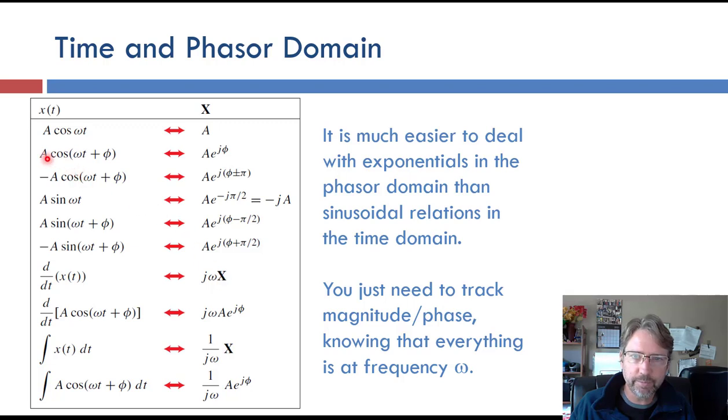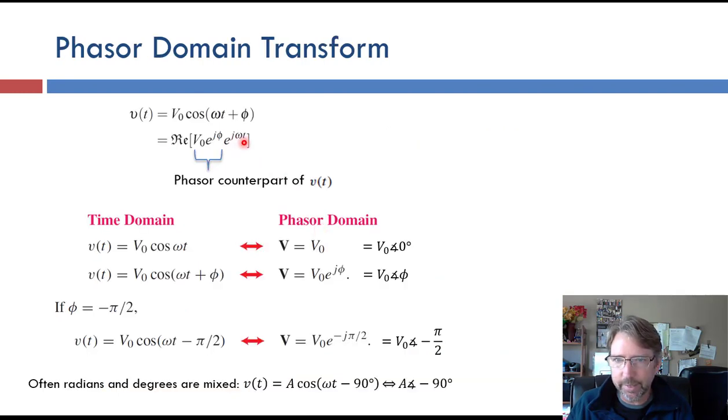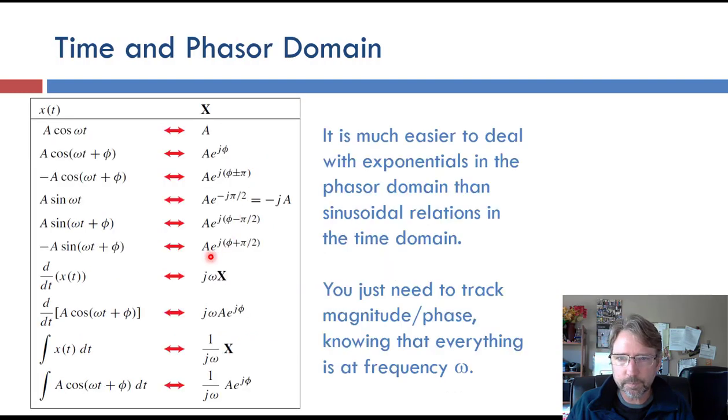So if we have cosine omega t plus phi, when we take the derivative of it, there was that e to the j omega t part that was floating around alongside. I can find it back here, j omega t. Here's where the time derivative part comes. So we have a j omega that comes out from the chain rule. So the derivative is j omega times that. So you'll see this coming up soon.